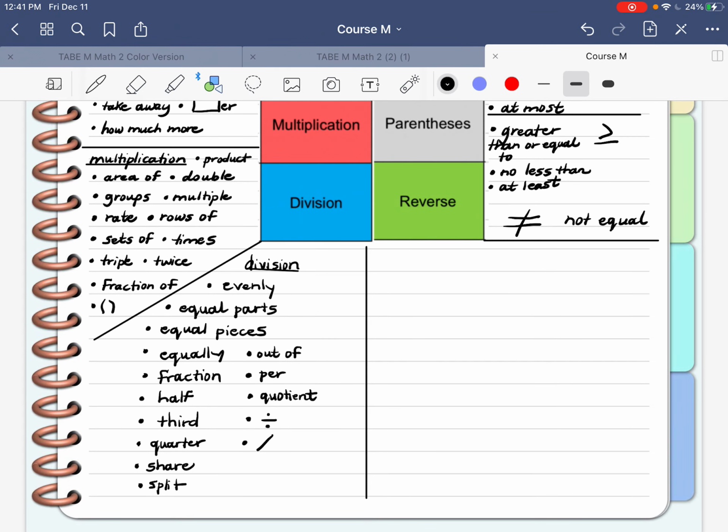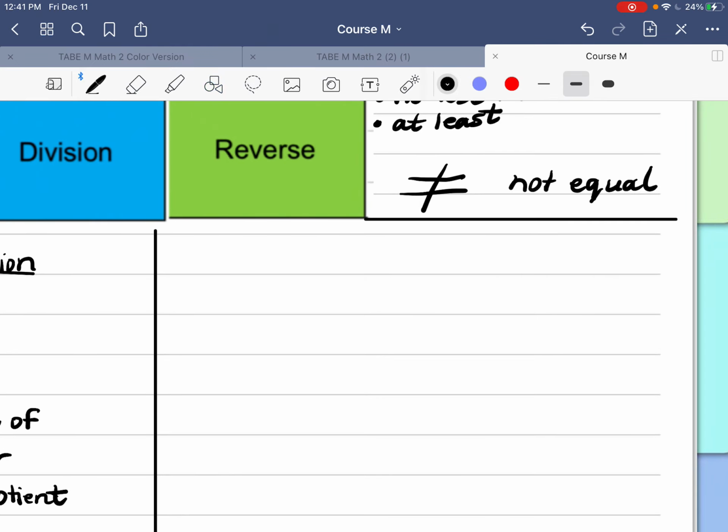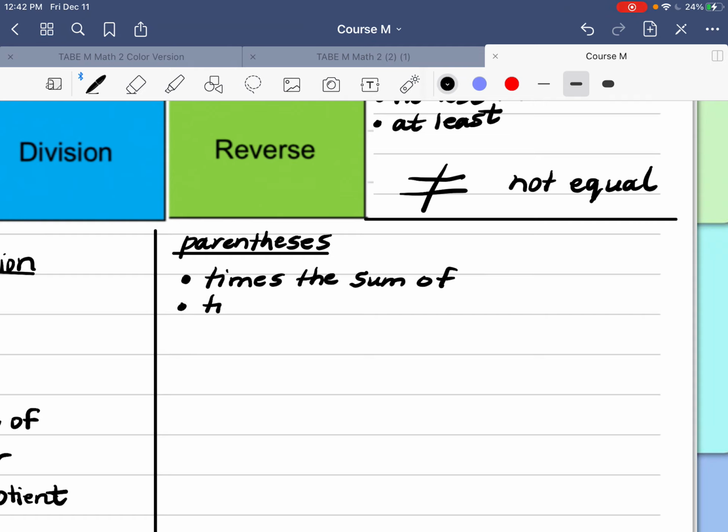Parentheses. How do I know when I am supposed to put in parentheses? I came up with 4 of these. I'm sure there are more, but these are very common in algebra. So here we go for parentheses. Times the sum of. Or times the difference of.